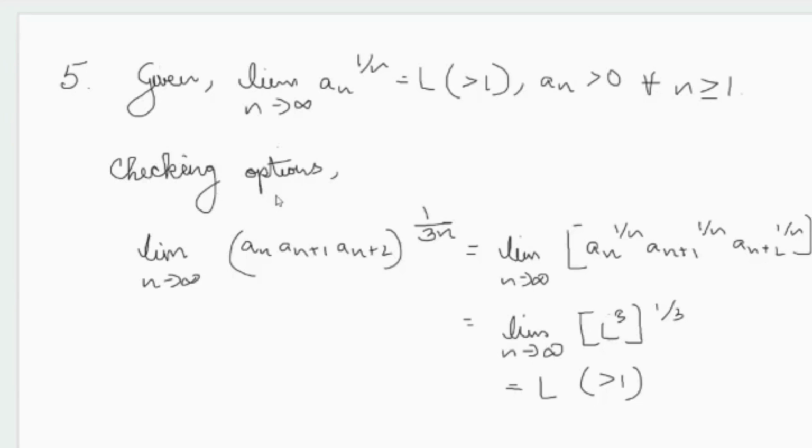This is just a simple property of the indices. And then we see that it just reduces to capital L, which is greater than 1. So we can observe that by Cauchy's root test, option A is actually incorrect, and hence we need to go on to check the next options.